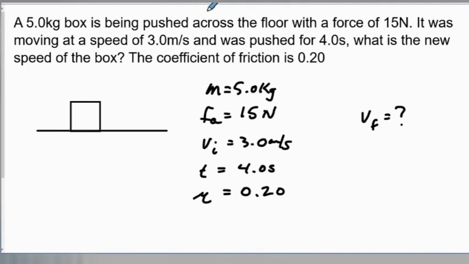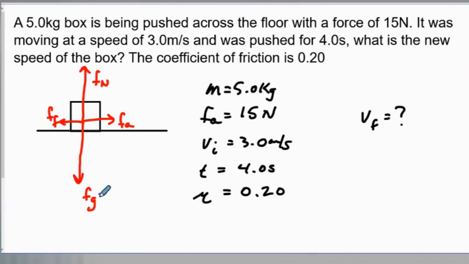Okay, here I go. First of all, I'm going to have a gravitational force, and I'm going to have a normal force, equal, opposite directions. I'll make my applied force to the right and my frictional force to the left. Now I need to figure out what those values are.